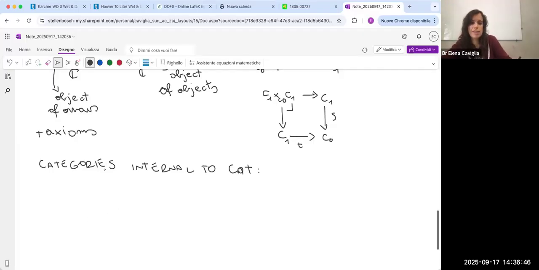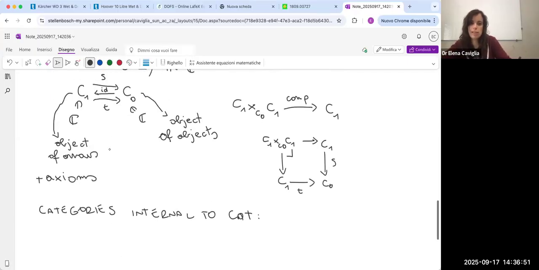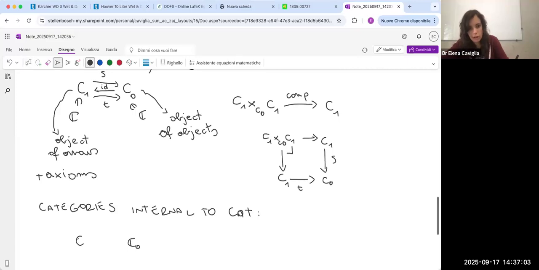Now we have a diagram similar to the one we saw here, but now this diagram lives in CAT. So our C0 is now a category. So we have a category of objects, but we also have a category of morphisms, and we still have source, target, and identity. But now S, T, and identity are morphisms in CAT, so they are functors, right?